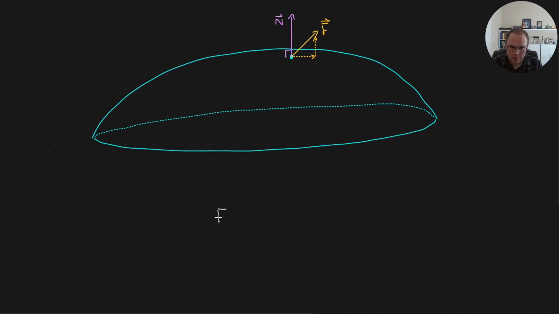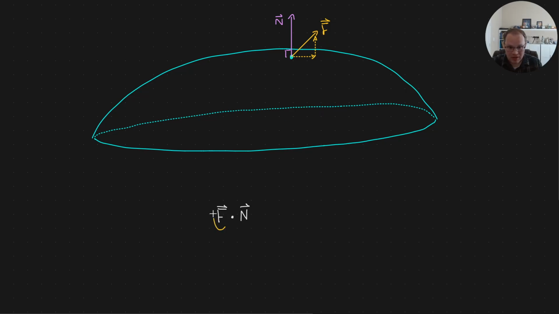We want to know the component of F that is orthogonal to the surface, or normal to the surface. The amount of the vector field that is normal to the surface is how much of the vector field is actually passing through the surface. We have a portion that's just skimming along the surface, and then we have a portion that is passing through.